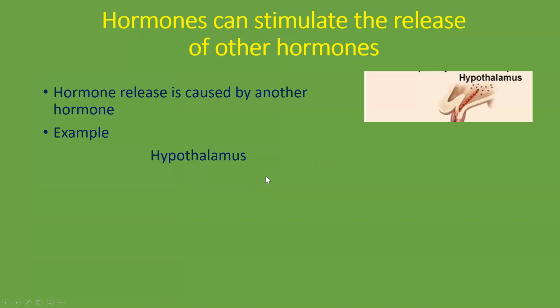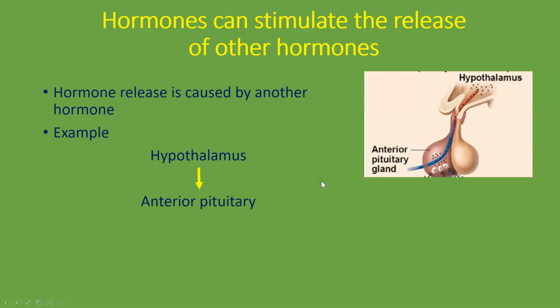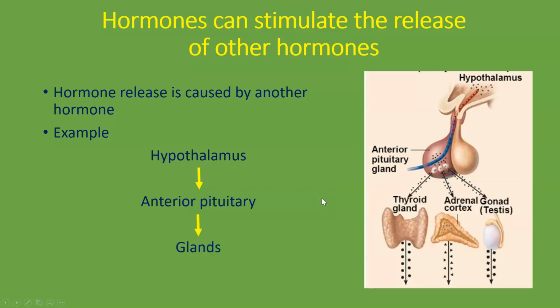The next example is that hormones can stimulate the release of other hormones. For example, the hypothalamus can send hormones through its bloodstream in order to stimulate the anterior pituitary gland to release its hormones into the bloodstream, thereby affecting multiple glands or organs of the body.